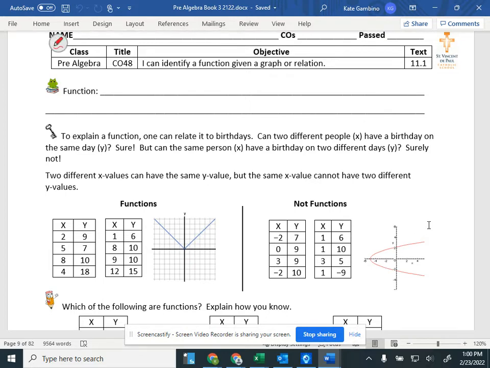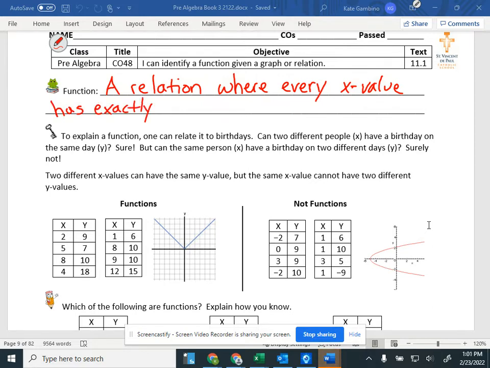So a function is a relation where every x value has exactly one corresponding y value.